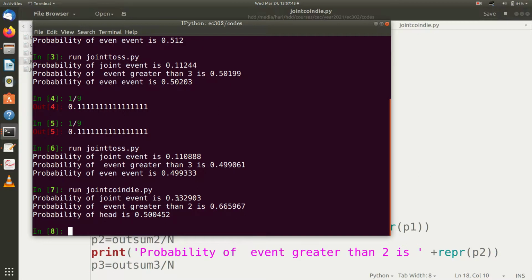Now here you can see that in this trial the joint probability is the product of these probabilities. I will multiply this 0.665967 with this value. I will copy this.